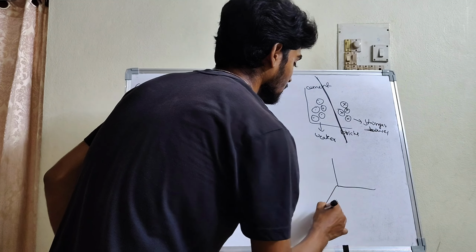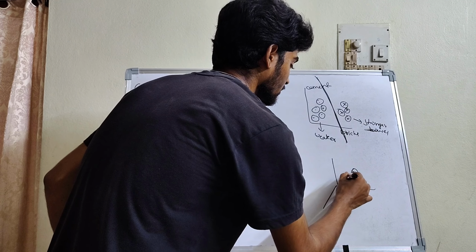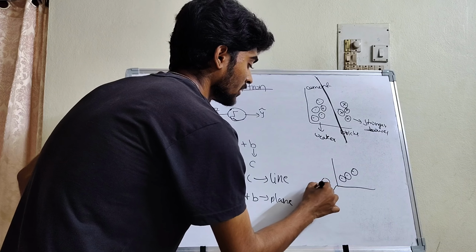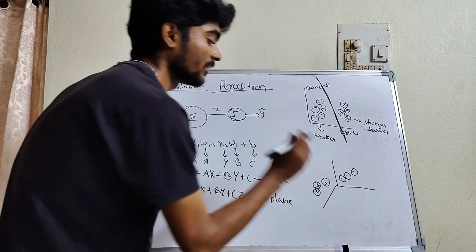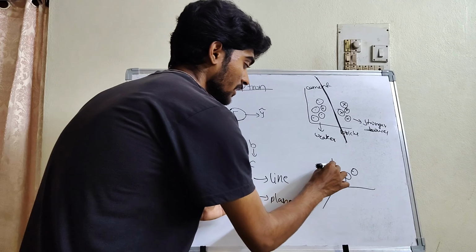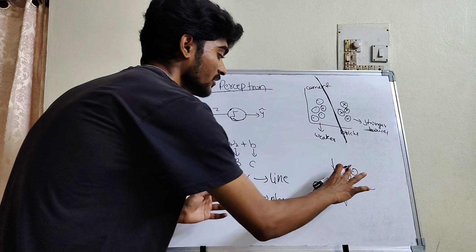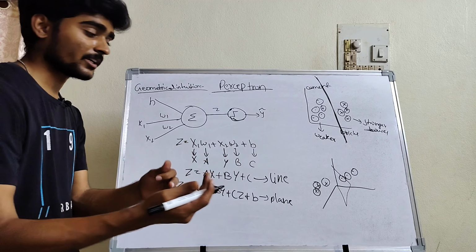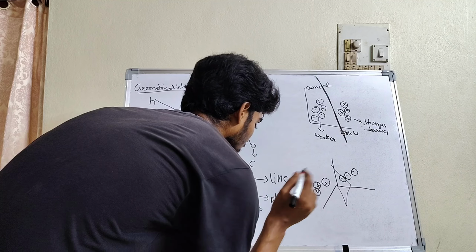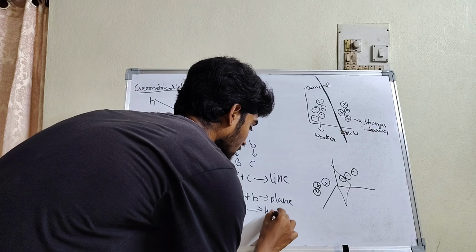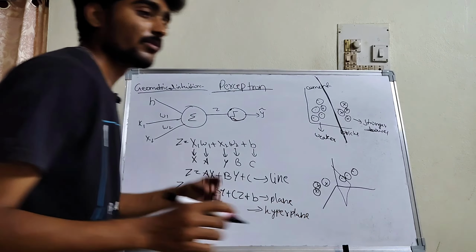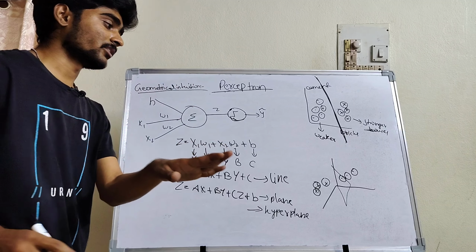Let's say this is the plane. These are your data points. You have similar kind of data here, similar kind of data here. What a perceptron does is it draws a plane separating these two regions. When you have more than three-dimensional data, the region created is a hyperplane. A hyperplane is created to separate data for four dimensions or more.